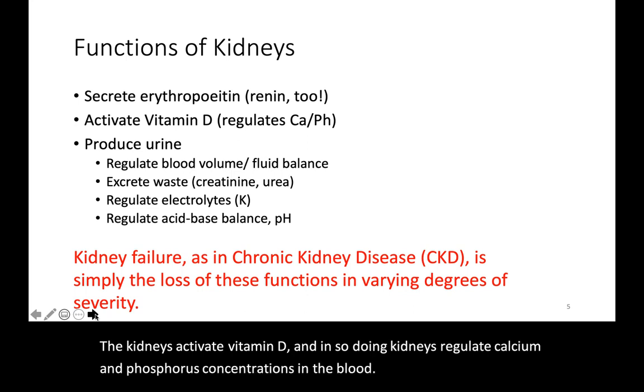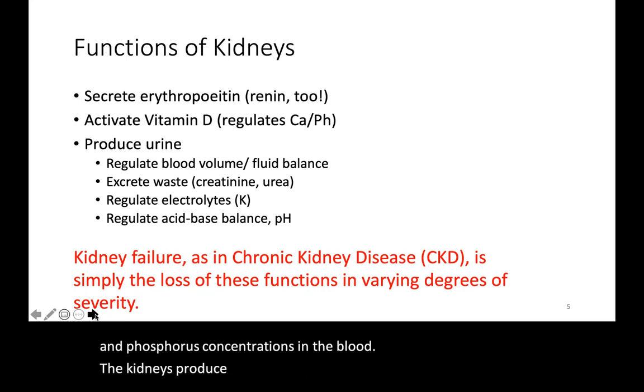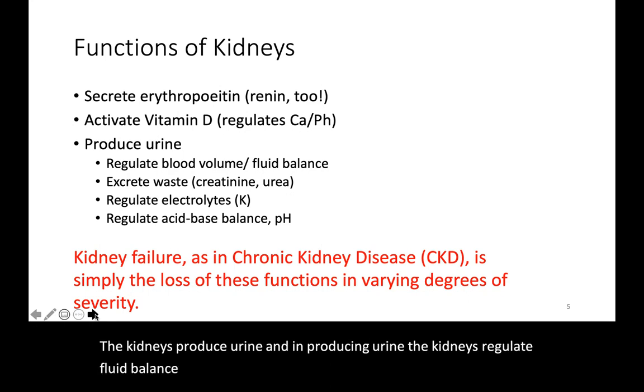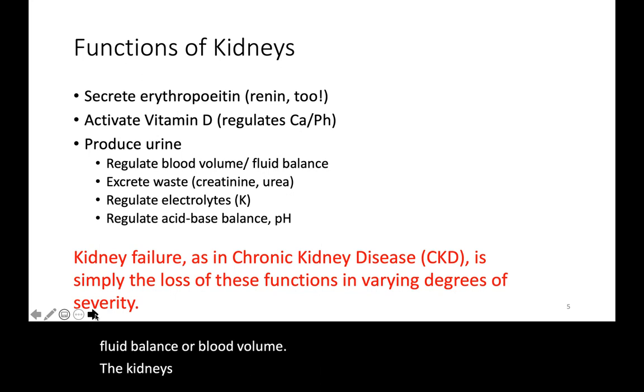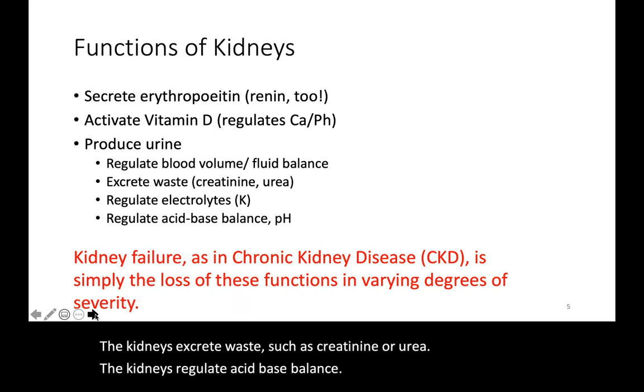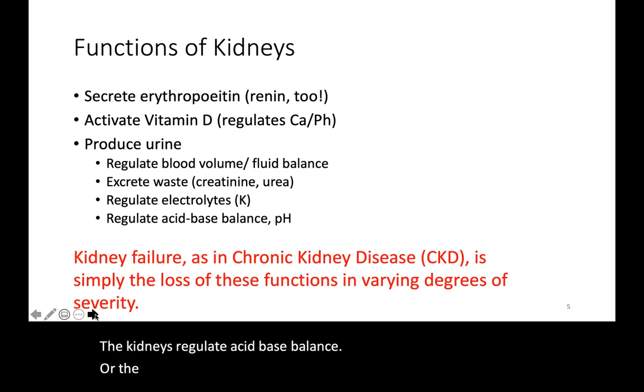The kidneys produce urine, and in producing urine, the kidneys regulate fluid balance or blood volume. The kidneys excrete waste such as creatinine or urea. The kidneys regulate acid-base balance or the pH, and the kidneys also regulate electrolytes, including potassium.